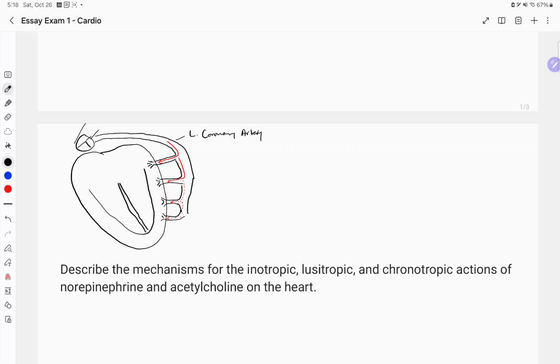Because up here at the superior part of the heart, because it's receiving more blood, we have cells that are receiving oxygen. Like I said, oxygen is needed for ATP.